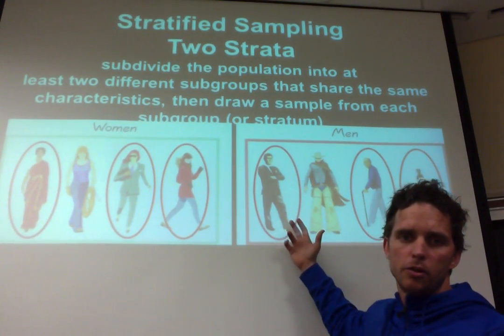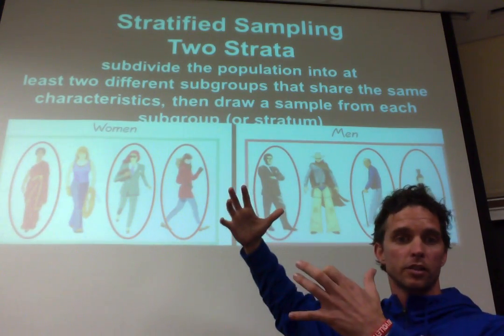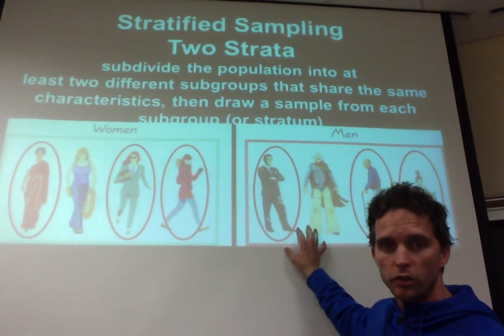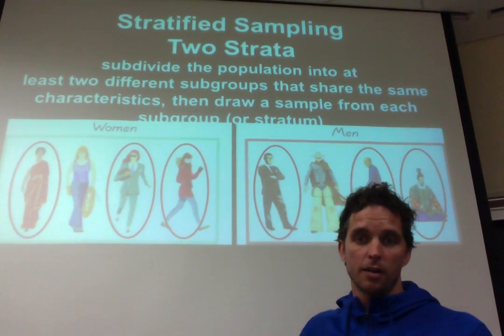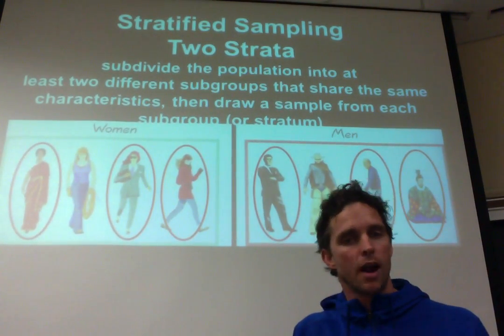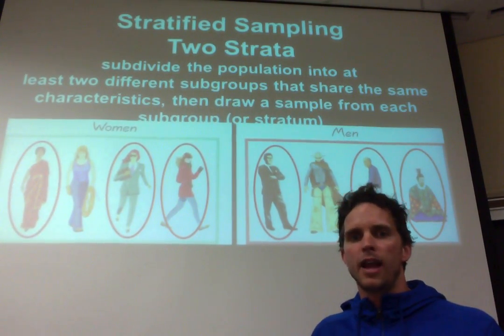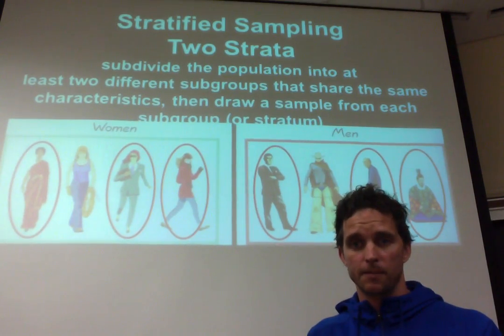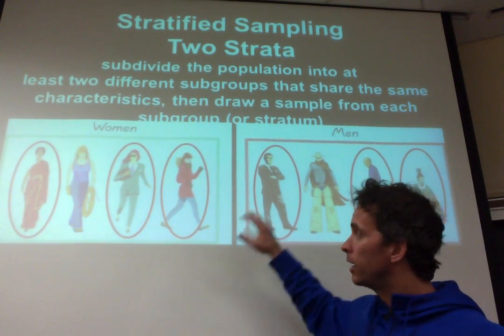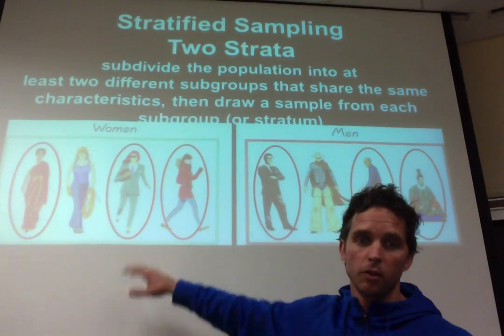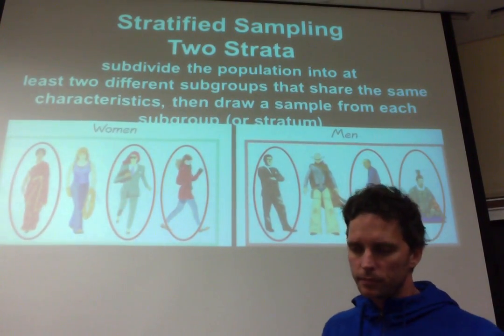Not only can you make a statement about the population as a whole, making sure that you included men and women in the study, if you don't break them up into strata, you run the risk of grabbing all women or grabbing all men, and then you don't truly have a representative sample from your population. So not only do you get a representative sample, but at the end, you could get the mean of the men and the mean of the women and have a nice way to break it out.